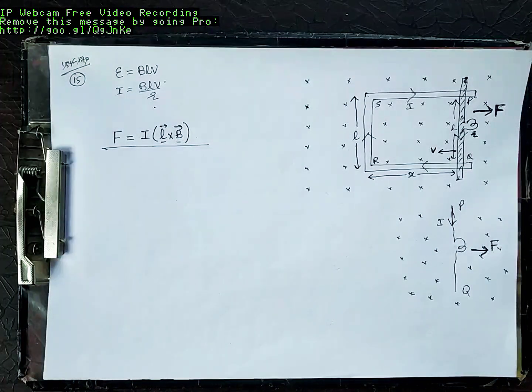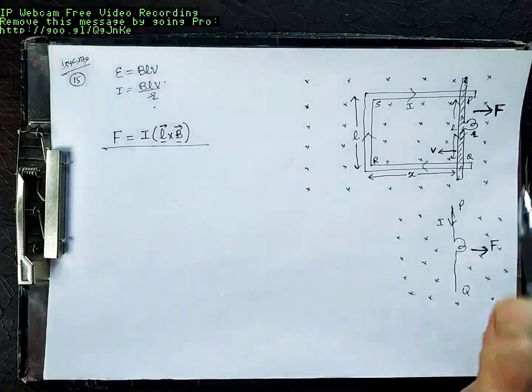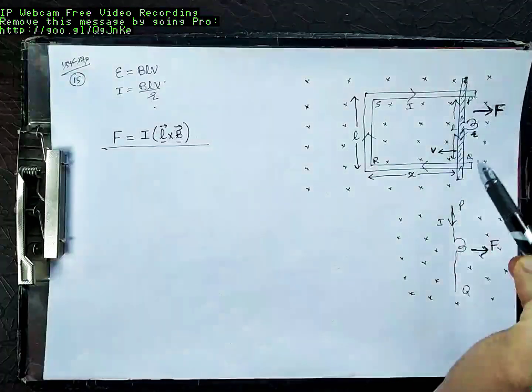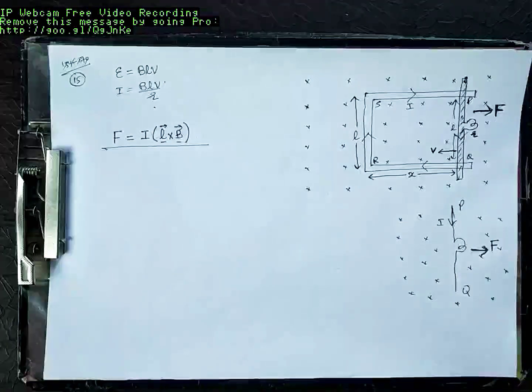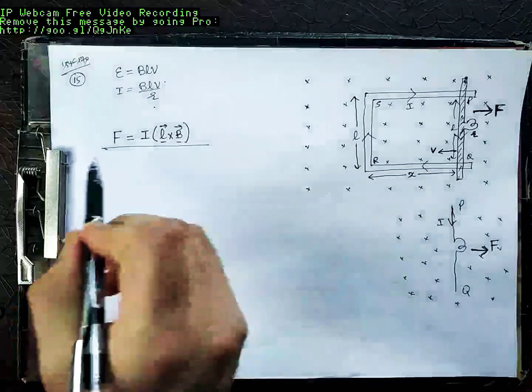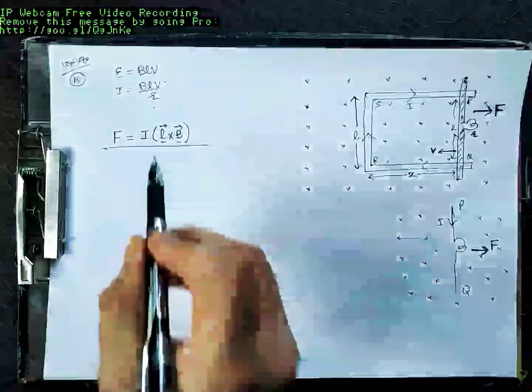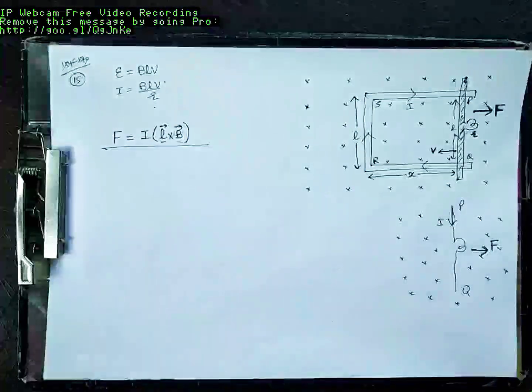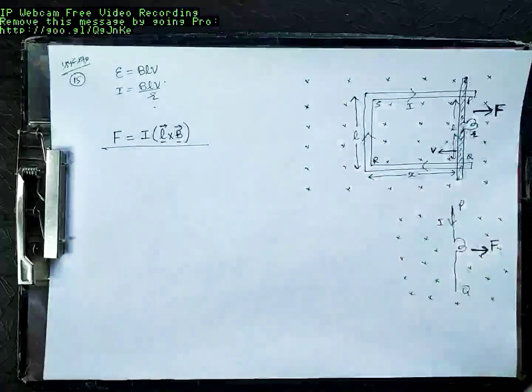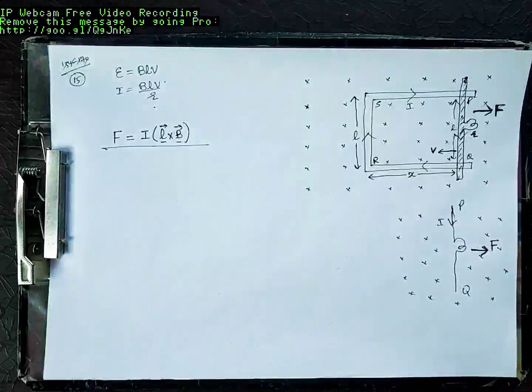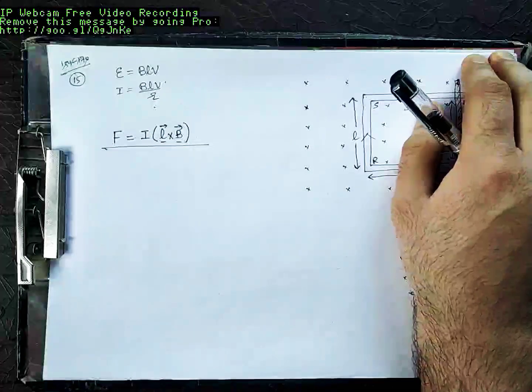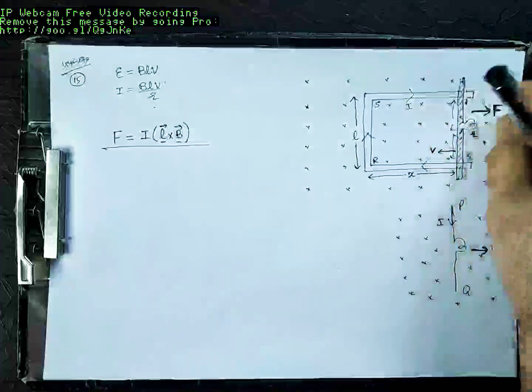Are you getting me? Since you have a current carrying conductor PQ inside a magnetic field, whenever a current carrying conductor is inside a magnetic field, it experiences a force where force is equal to I L cross B, and the direction is given by L cross B. So this force is towards right.